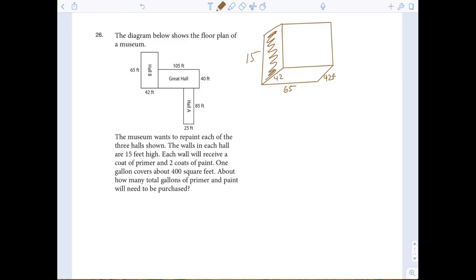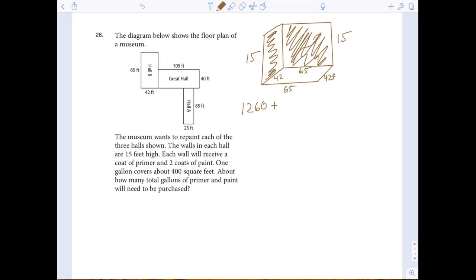So it's going to be 1,260 plus, now what's this back wall going to be? 65 times the height. Remember, this is 65.